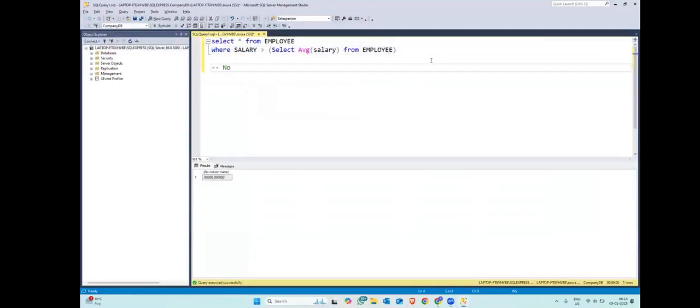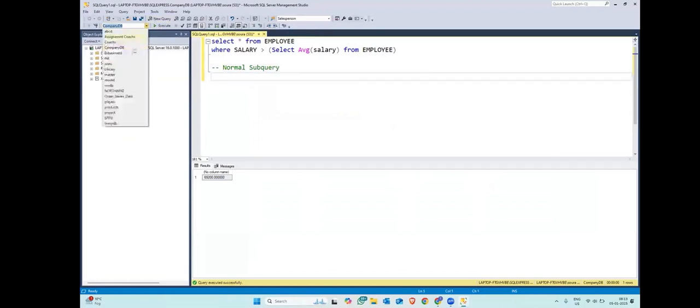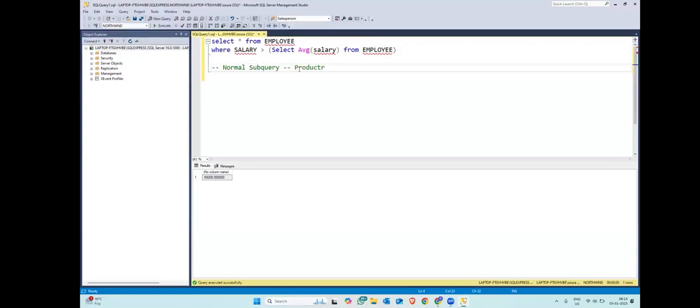So a normal query or normal subquery, let us go back to Northwind, right? The last question we did was product name whose unit price is above the average unit price, right? So what is the query?